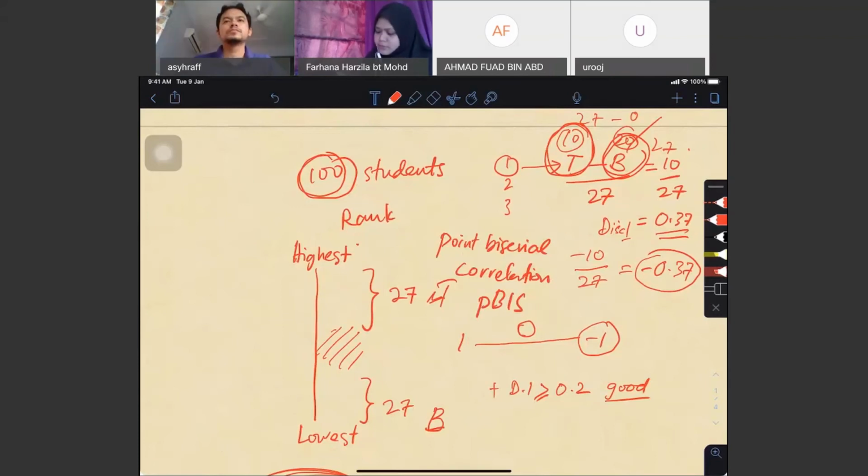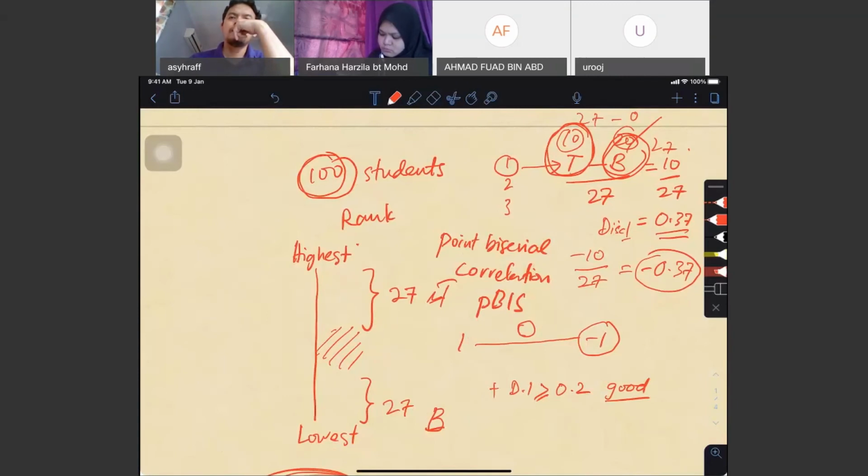So where do you find this item analysis information? Most often, you go to the software which is used to scan the results. You ask your office, where do they scan this MCQ? And they say, okay, we scan it using this scanner, connected to this computer. Then you explore the software which has been installed there. You will find the item analysis there.